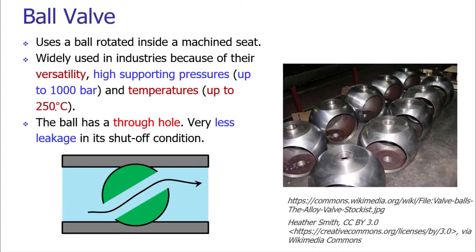On your screen you can see some of the steel balls which are machined. This is the circular passage which is machined inside the spherical balls, and these spherical balls have a protrusion at the top and at the bottom, which is used to get hold inside the lever and stem arrangement.